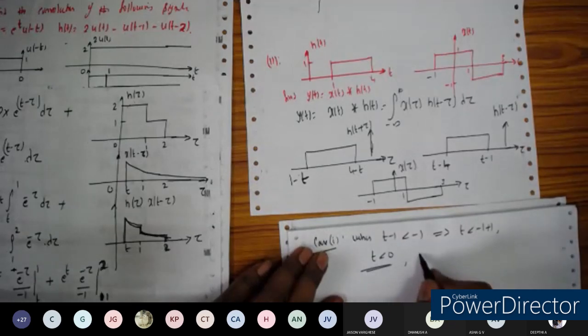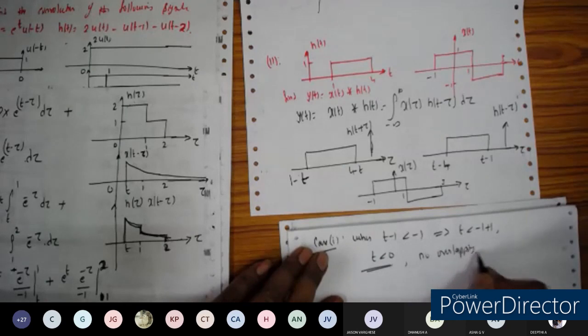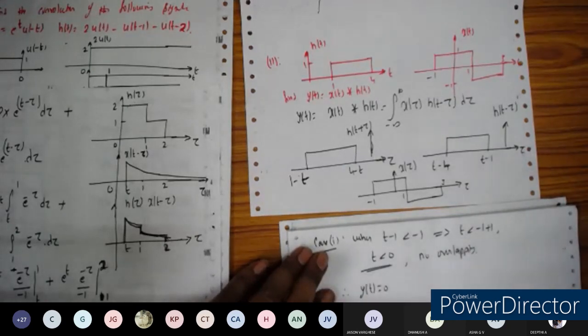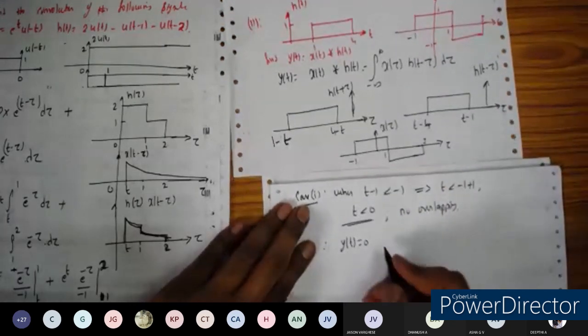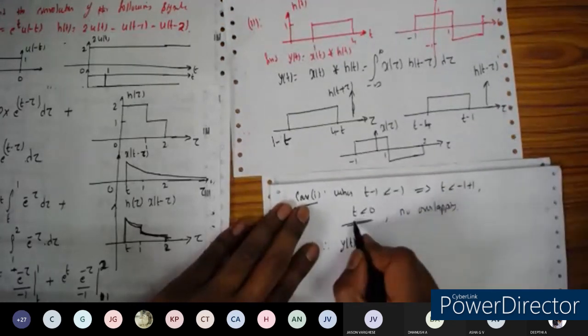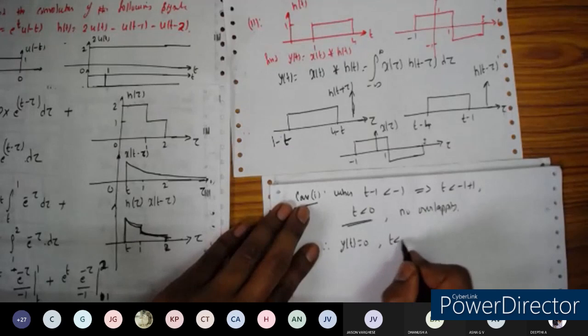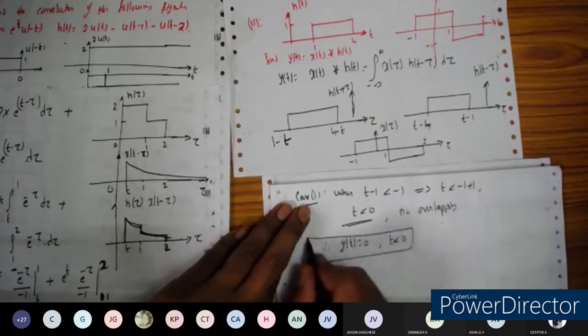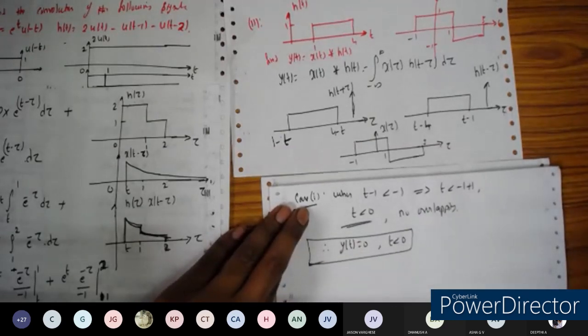So there is no overlapping of the signals. Therefore y of t is equal to 0.